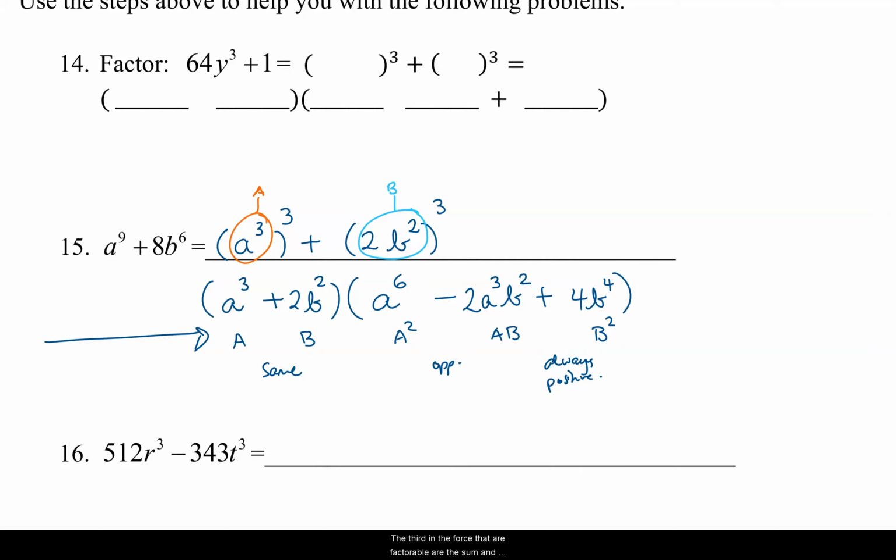The third and the fourth that are factorable are the sum and difference of cubes, and we have a pattern for that we have to memorize. And then the last type of polynomial that we discussed was the sum of squares, and I leave that to the end because it is not factorable. We cannot split x squared plus 4 into 2 factors and be able to recover the original polynomial. So continue to practice, and we'll see you again soon.